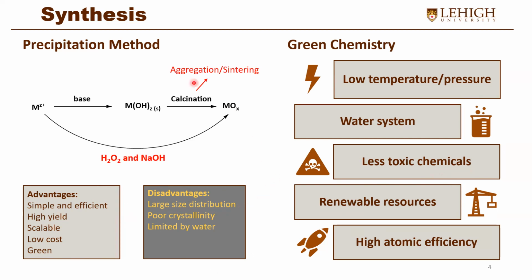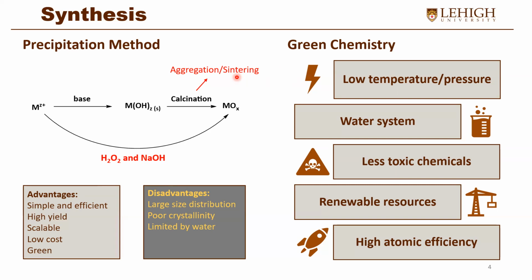In this work, we want to skip the high temperature calcination because high temperature causes nanoparticle aggregation and sintering effects. These two effects are similar: at high temperature, the particles aggregate and grow to a larger particle size.